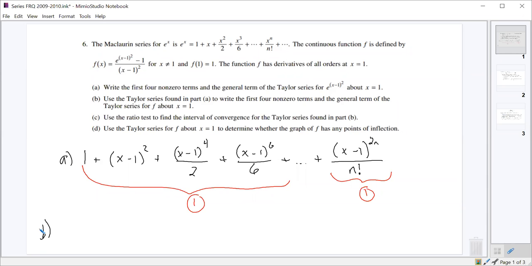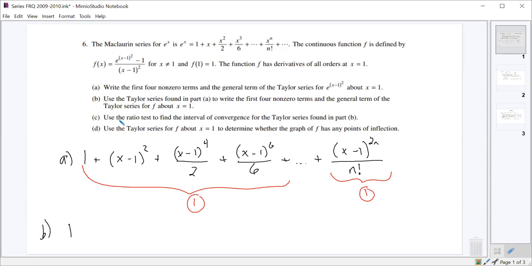So what do we end up with then for our first term? Because if I take my first term and subtract 1, I get 0, and divide by (x minus 1) squared, that's still 0.